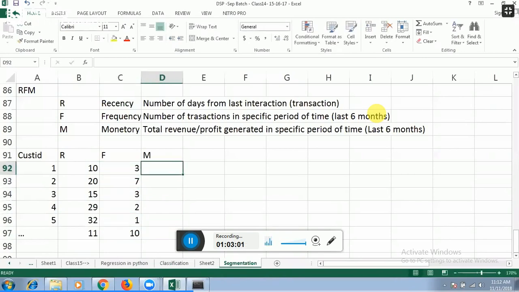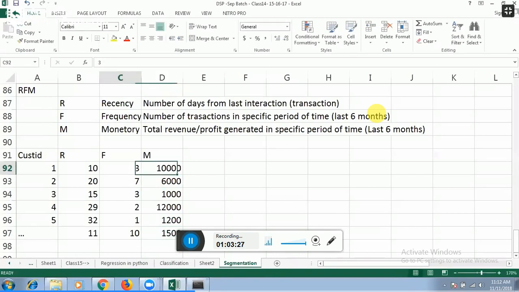Monetary: though he did 3 purchases, he generated revenue of 10,000. Though these guys made 7 purchases, they made only 6,000 revenue. These guys 1,000 revenue, this is 12,000 revenue, this is 1,200 revenue, and this is 1,500 revenue.